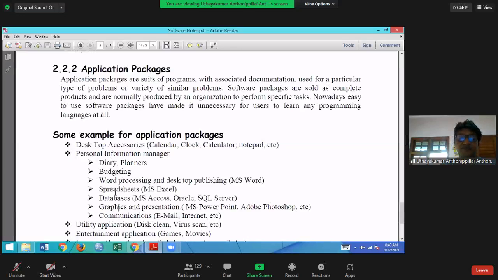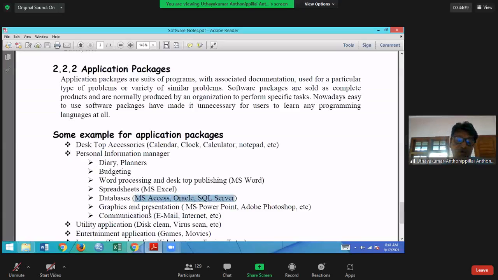In databases, we can create a database using MS Access or Oracle or SQL Server. These three are the main database applications, right?